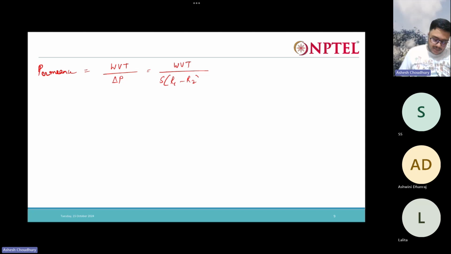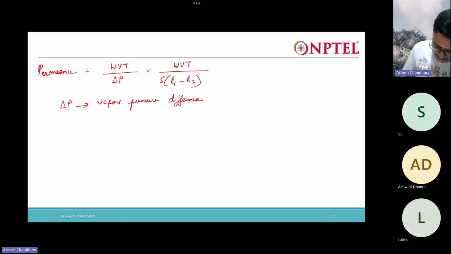Now what is delta P? It is the vapor pressure difference across the membrane. This is in mmHg, mm of mercury.